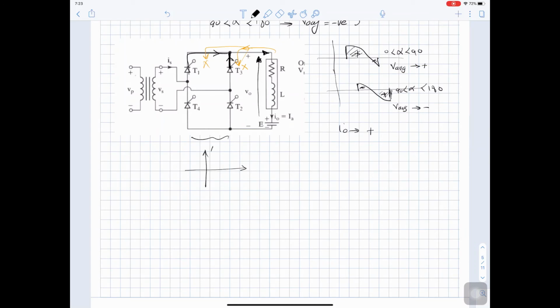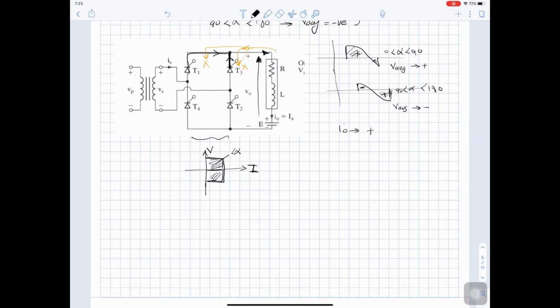So for this bridge, we can get V as positive or negative, but we can get only a positive current. So we can get positive voltage and positive current, or negative voltage and positive current.